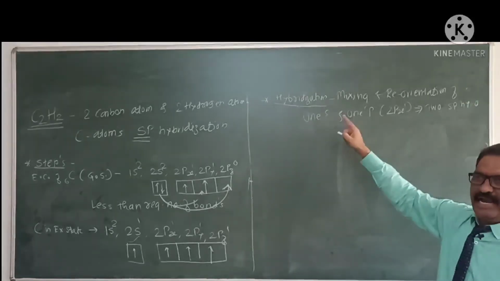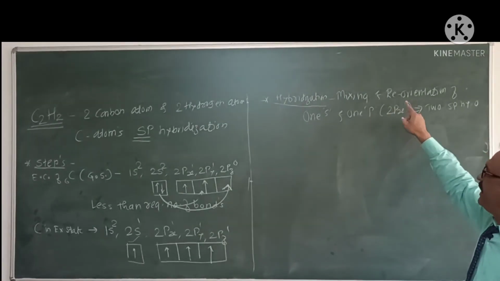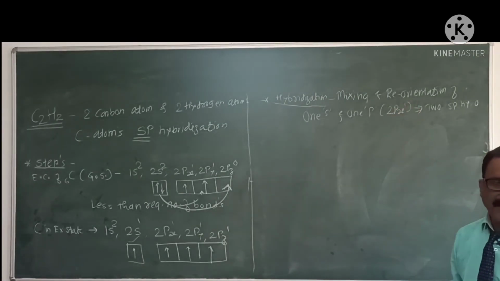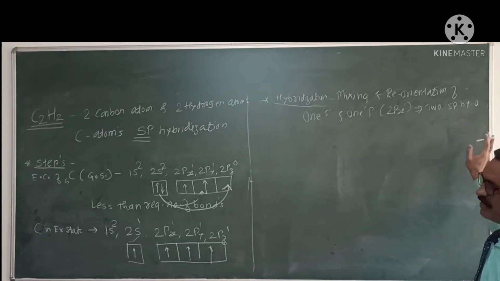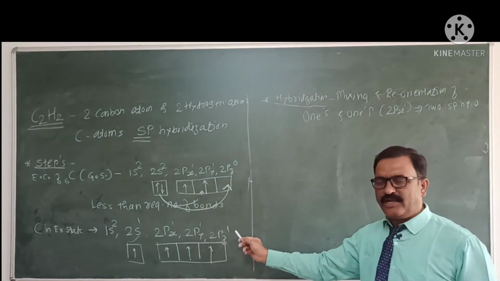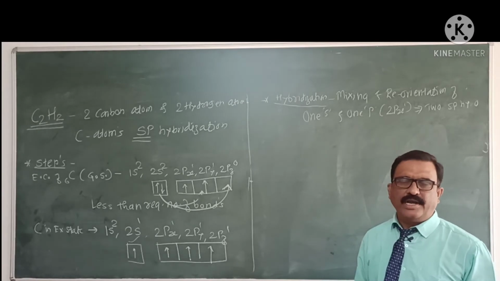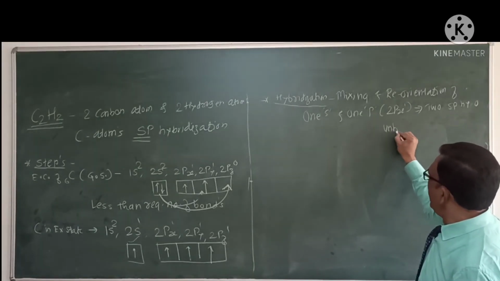The 2s and 2px1 of the carbon atom mix together to form 2 sp hybrid orbitals. The 2py1 and 2pz1 atomic orbitals remain unhybridized.